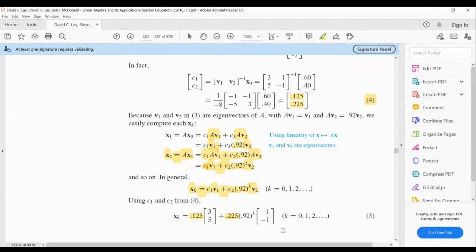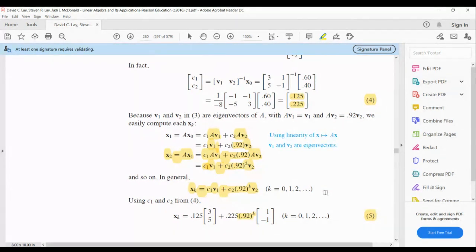And so this now gets you the xk, and if you let k go to infinity here in this vector equation 5, what happens to this 0.92 to the kth power as k goes to infinity, as k gets large? What happens to that factor?